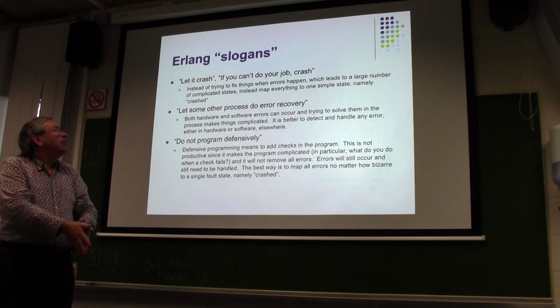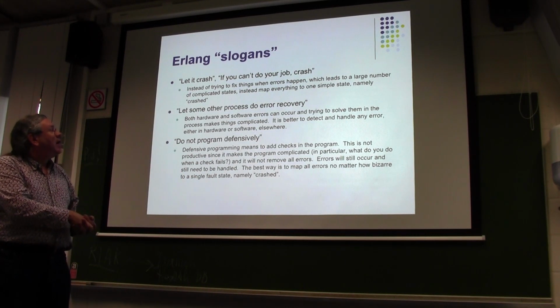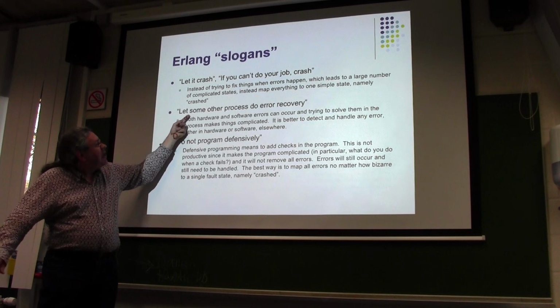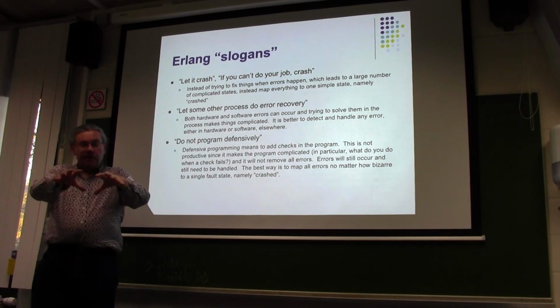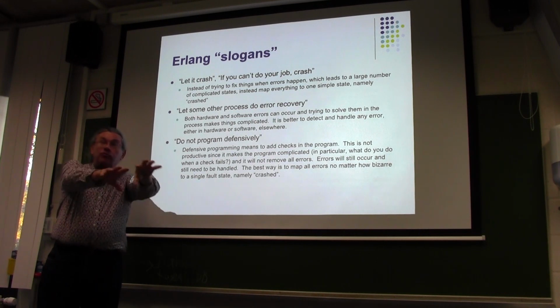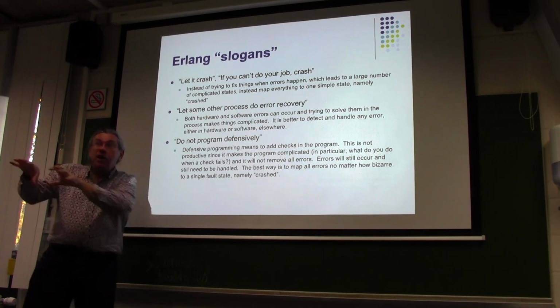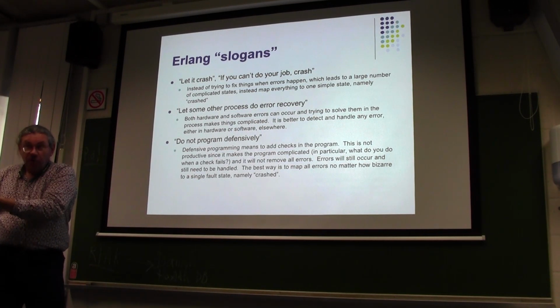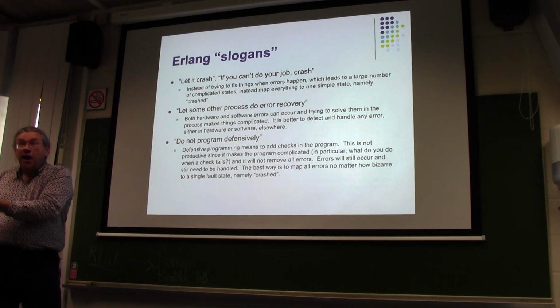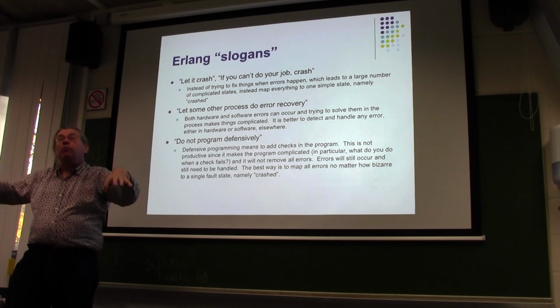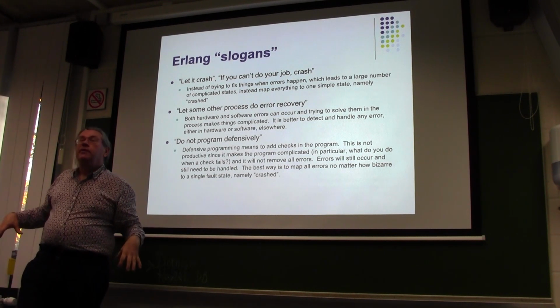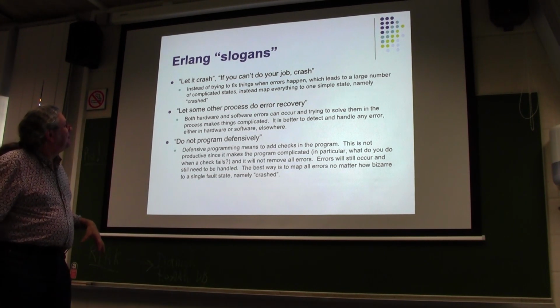Just make the whole thing crash. Let it crash. And the second principle is let some other process do the error recovery. So you have one piece of code doing the work and another piece of code doing the error recovery, the fault tolerance. Two separate pieces of code. It should not be the same one.